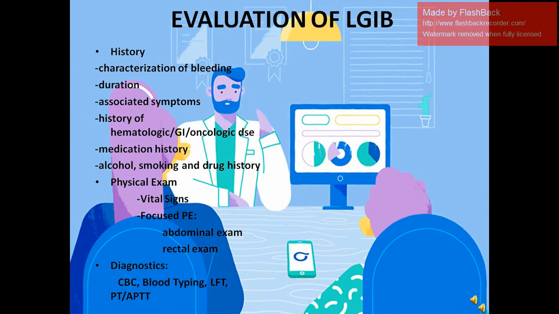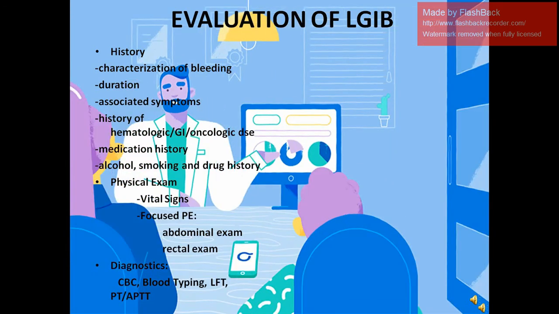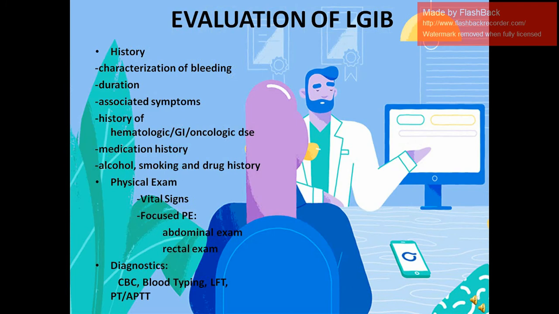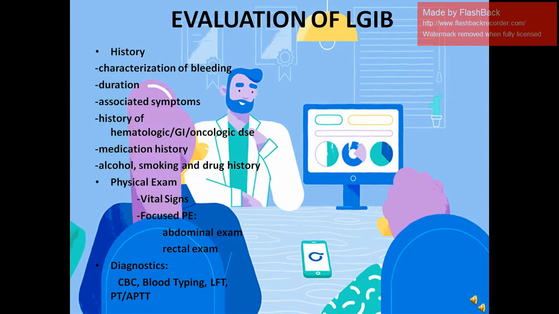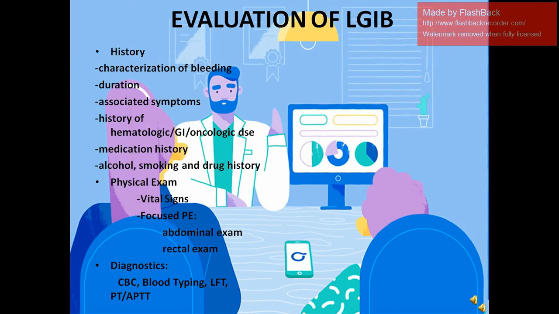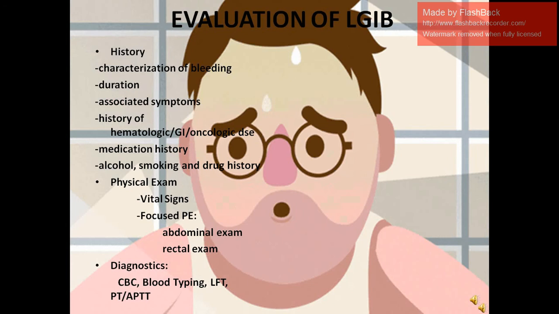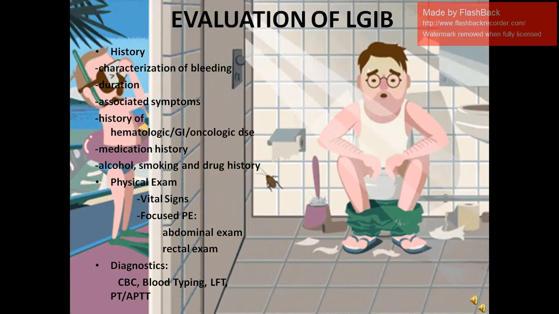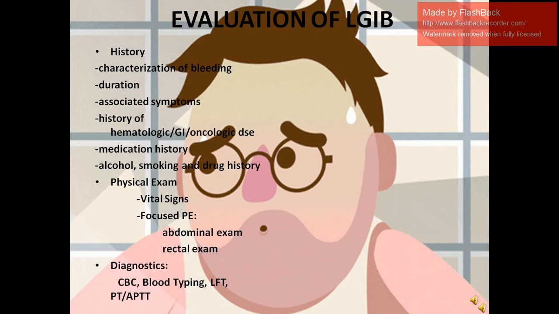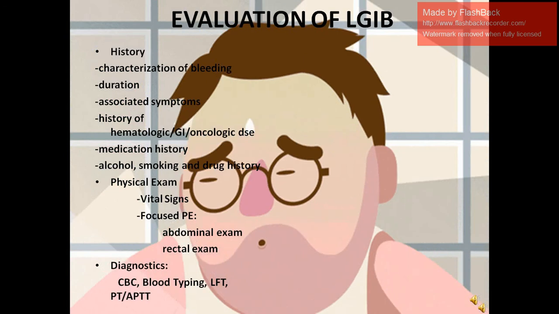Check how long the bleeding is occurring. Is it episodic or continuous? Ask the patient if there are any associated symptoms such as abdominal pain or distension, constipation, changes in appetite, weight gain or weight loss, diarrhea, fever, etc. It is also important to know whether the patient has a history of hematologic, gastrointestinal, or oncologic diseases.